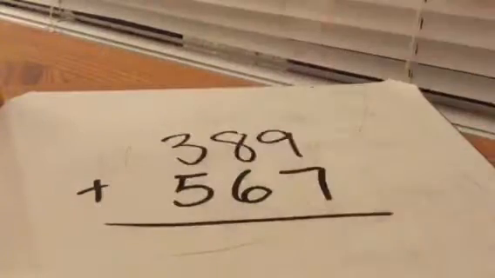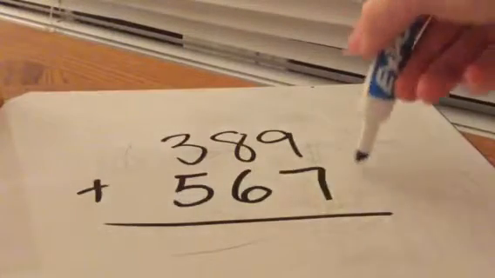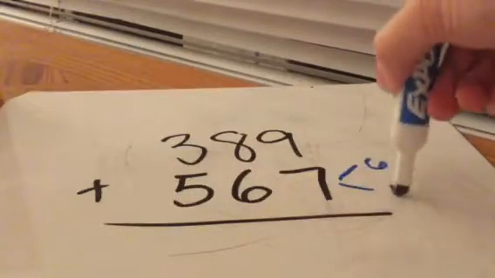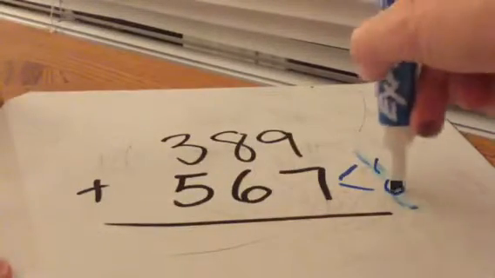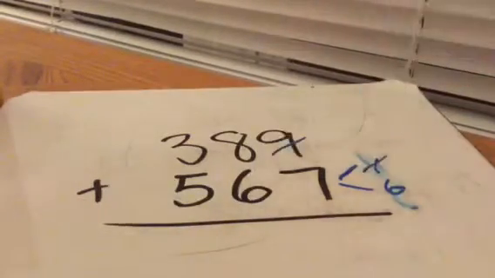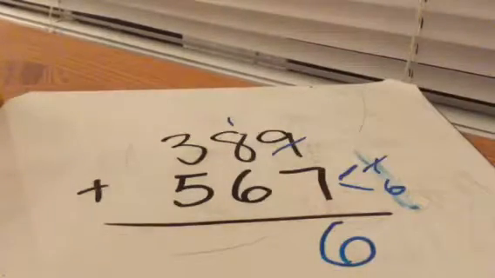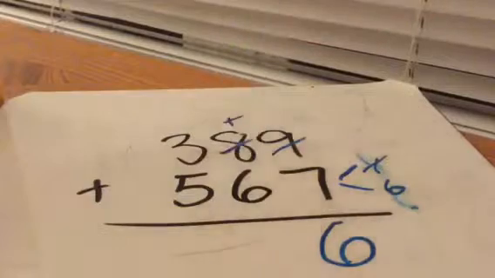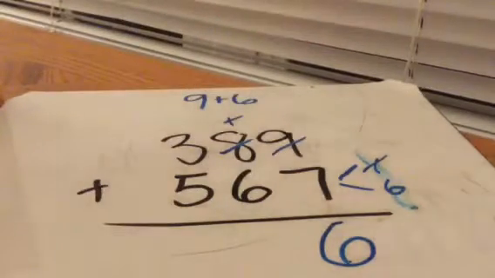Okay, number 2, we have addition, 389 plus 567. Okay, 9 plus 7. Well, I know that I can break 7 into 6 and 1, or 1 and 6. Let's do that. 1 and 6. 9 and 1 is 10, plus 6 more is 16. 1 and 8 is 9, so I have 9 plus 6.